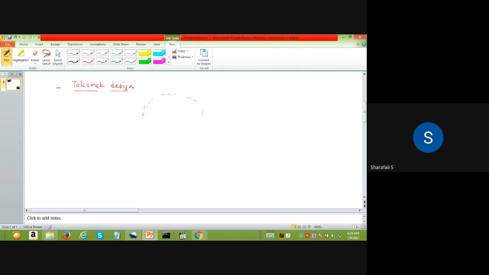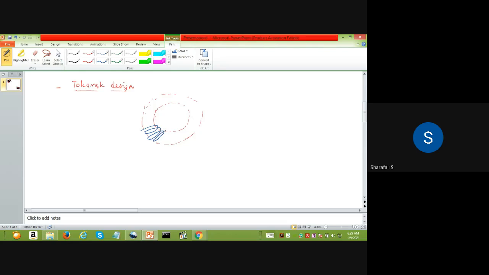Just draw here. Let's say this is your structure. It is basically like a torus, and you have coils here. Let's say these are your coils.